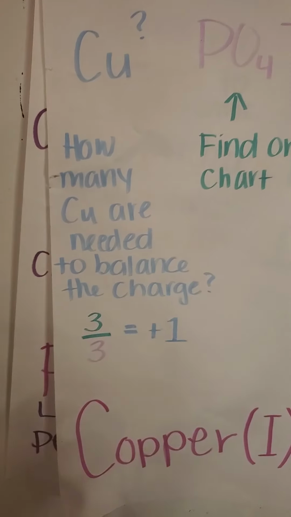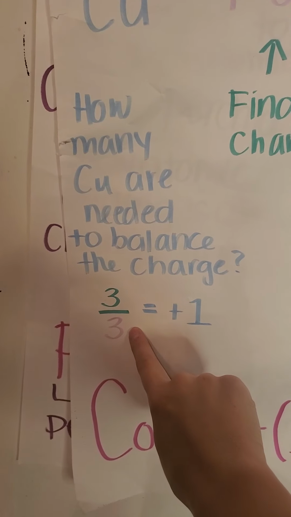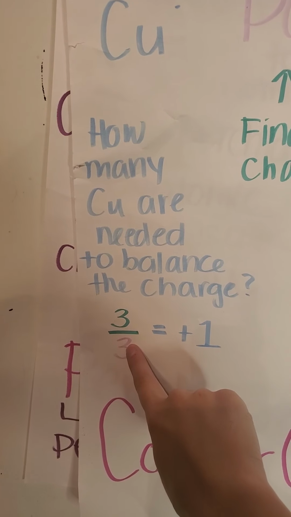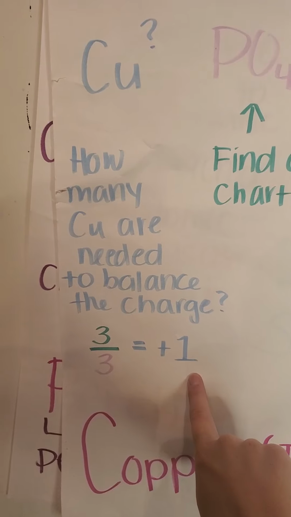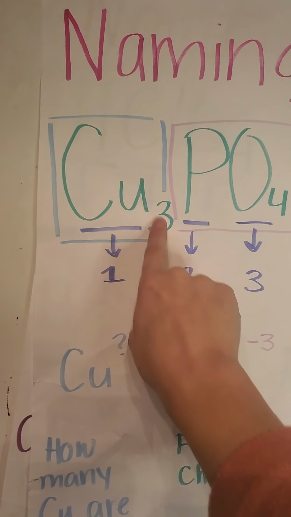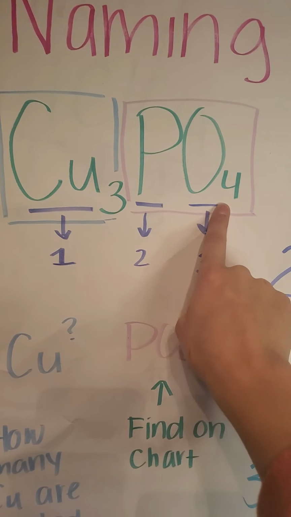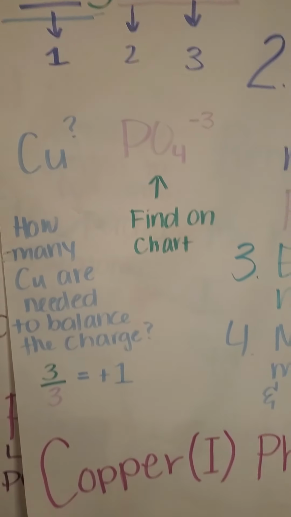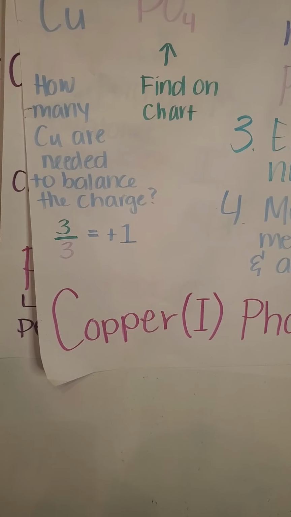So the way I'm thinking about this is, in order for phosphate and copper to even themselves out, copper needs a +1 charge. Okay, so if copper has a +1 charge, 3 of them would cancel out the -3 charge on this phosphate. Okay, so we know copper has a +1 charge.